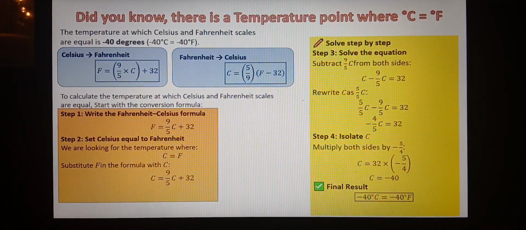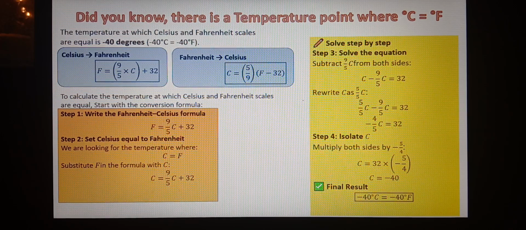Remember, I showed you there was a point where degrees C and degrees F are the same, and a lot of people don't know that. If you were asked where that point is, we've now seen from that chart that it's at minus 40. If you actually have to use the formulas converting Celsius to Fahrenheit or Fahrenheit to Celsius, you just manipulate them by setting degrees F equal to degrees C, and then you can manipulate the one formula into the other.